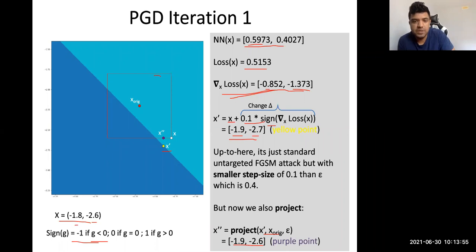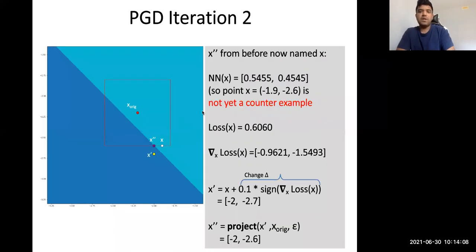This is the new projected point, and we notice that this is within the property holds decision boundary of our neural network. So we run our point through the neural network, and it classifies that the property does hold. So this is not yet a counterexample because the property does hold, and we want a misclassification as we're making an attack. So we repeat the process.